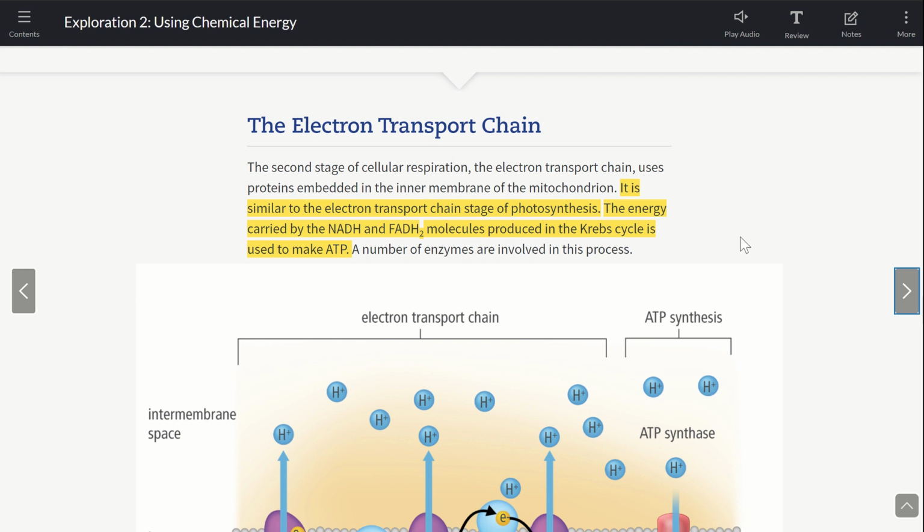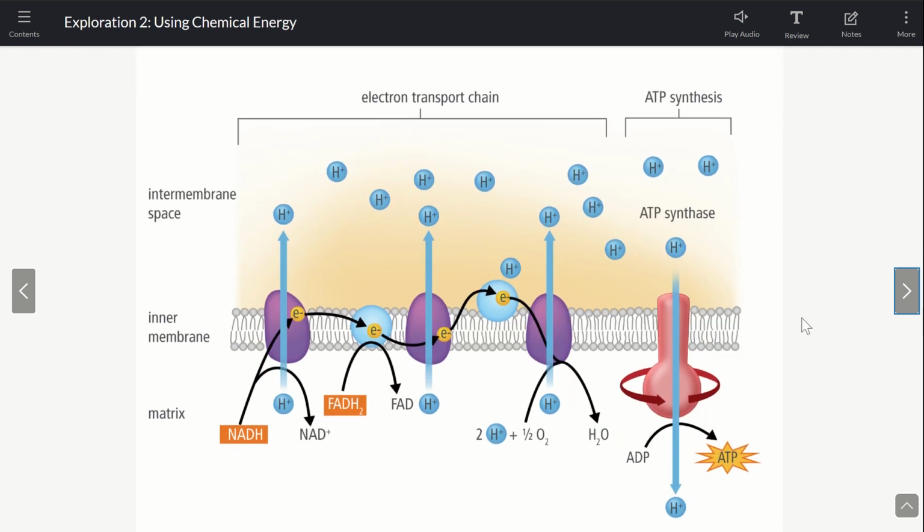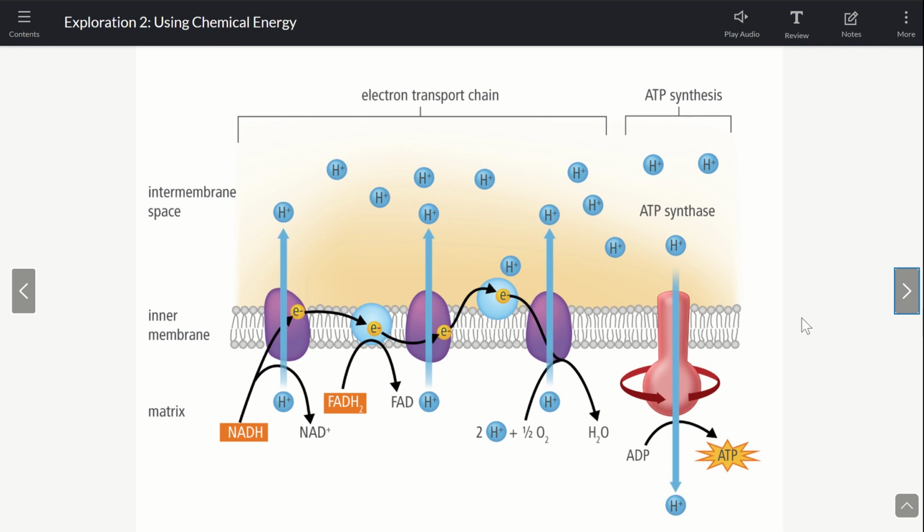All right, so everything's kind of been building up to this. We've broken down glucose during glycolysis, we've broken down the rest of the carbon molecules during the Krebs cycle, and we've collected a ton of electrons in the process by NADH and FADH2. Now, when we take those electrons to the final stage, here's what we're doing. Now, if this picture looks familiar, it should.